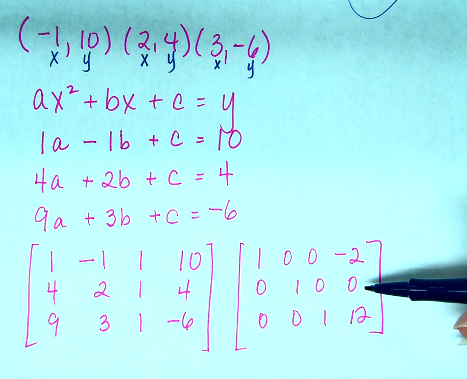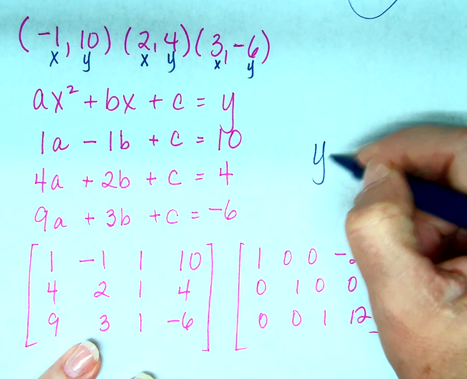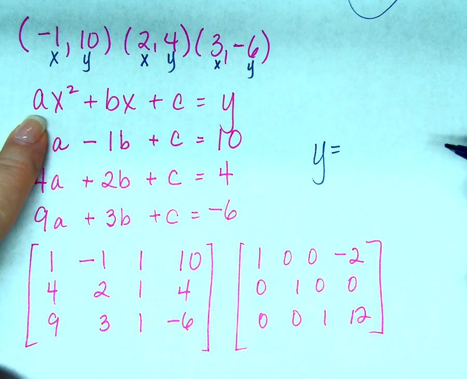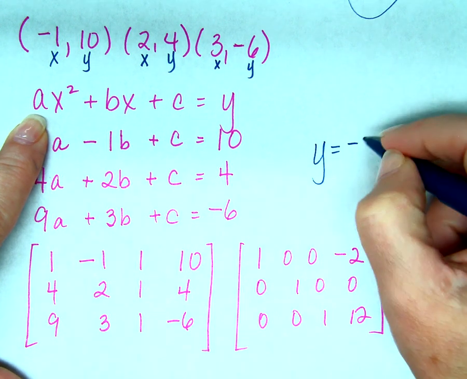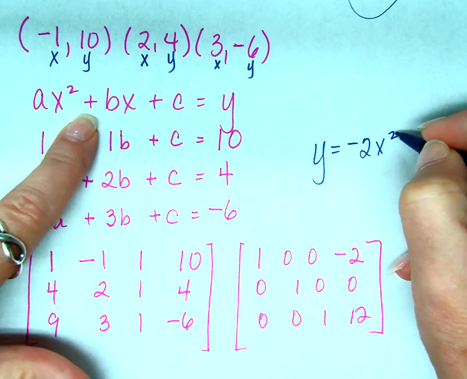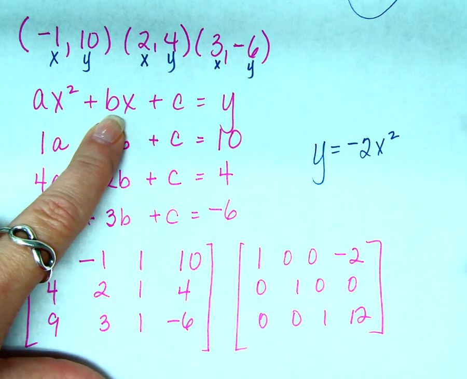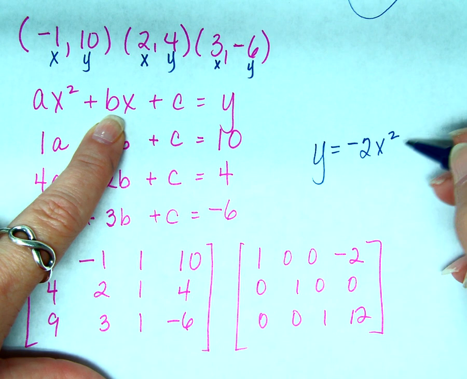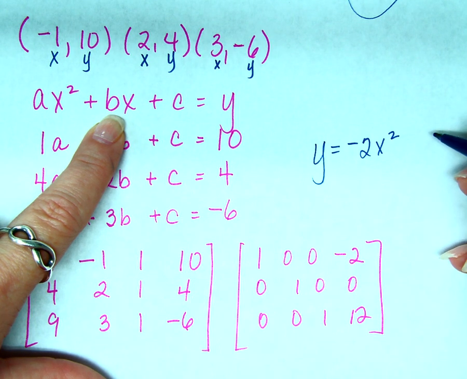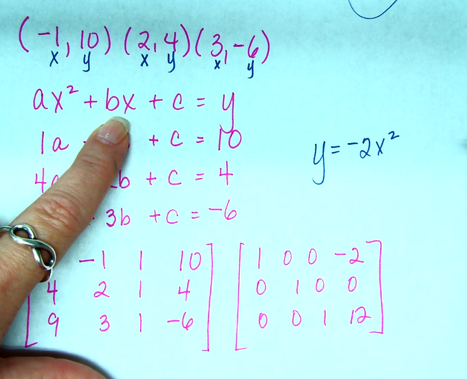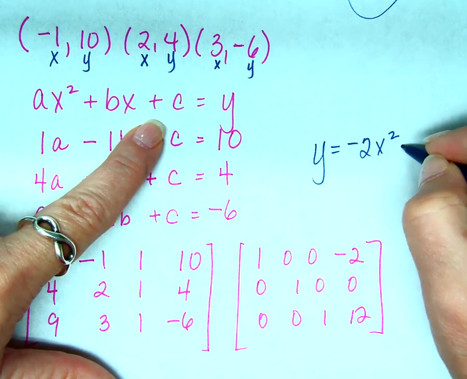You're sure? Okay, me too. Y equals, what's my equation? A, so -2 x squared plus B. Do I need to write plus 0x? Oh, so I could leave it out? Okay. Could I write it if I wanted to? Yes. And then what? Plus 12.